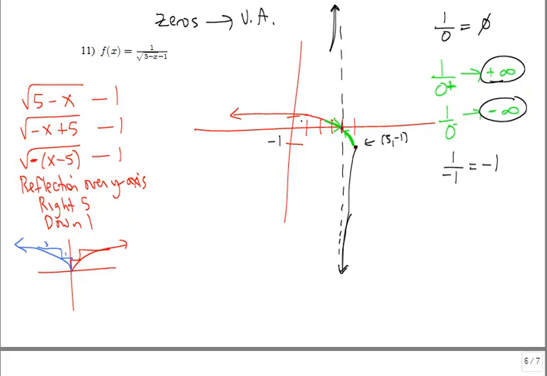Okay, now we have to see what happens over here. What's happening to all of these y values? They're slowly but surely getting higher and higher. This graph is growing, just pretty slowly. So all of these y values are getting bigger and going up towards positive infinity. So what happens if you have something that's going to positive infinity and you take its reciprocal? In other words, what happens to 1 over positive infinity? Well, 1 over something big gets small. So 1 over something infinite is going to go to 0.